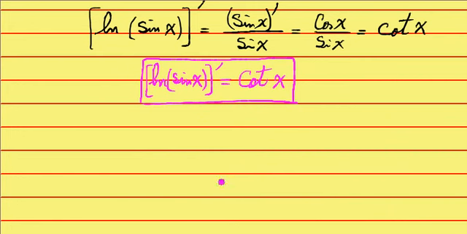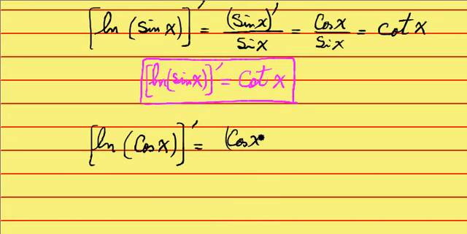Suppose I have the natural log of, let's try something else, cosine of x. You can guess what's going to happen. I have to differentiate cosine, divide by cosine. The derivative of cosine is minus sine, now we get minus tangent.